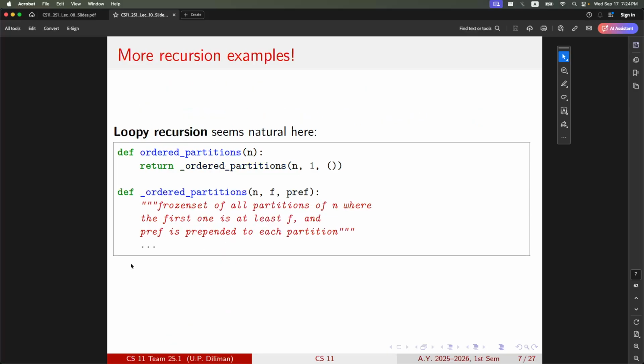How would we do this? Let's try a cumulative recursion or loopy recursion. So with loopy recursion, we want to build our solutions step by step. So instead of doing wishful thinking, we will build our solutions step by step.